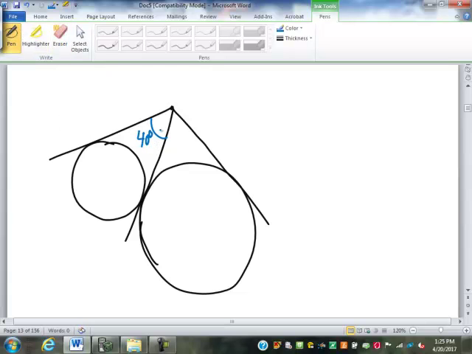Let's say that angle is 40 degrees. Every now and then I really want to be mean and I just can't do it. Let's say this circle has a diameter of 4 inches. And this circle here has a diameter of 10 inches. What I want to find is this angle right here.